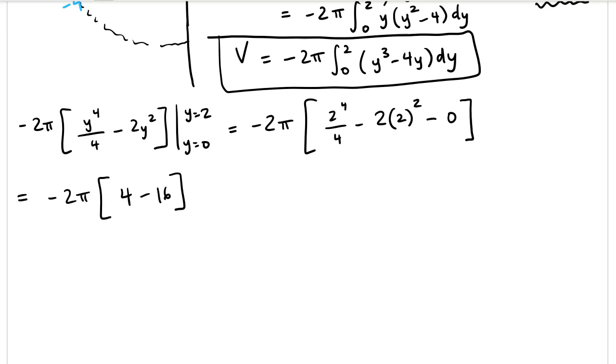So then 2 squared is 4, 4 times 2 is 8, so this should be an 8. That looks better. Okay, so now I have negative 2 pi times 4 minus 8 is negative 4, and a negative times a negative is a positive, and that ends up giving me 8 pi, which is in fact the same thing that we got in the previous example. So that's probably a hint that we did this correctly. And that concludes this example.